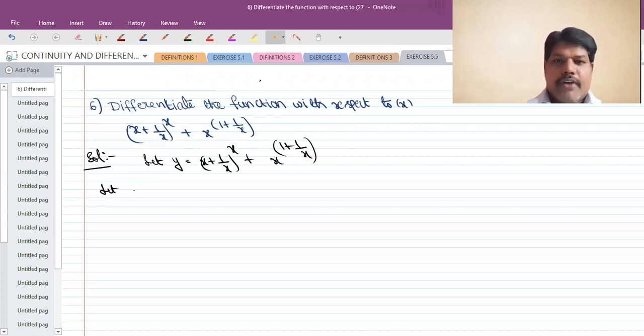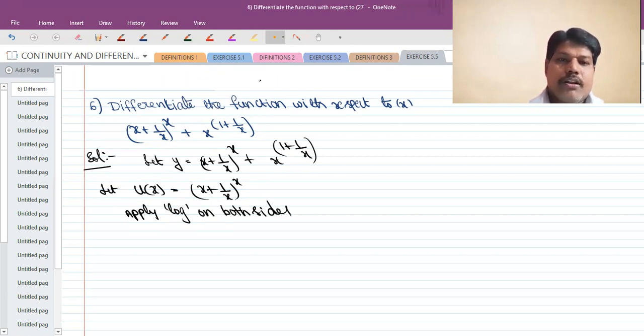Let u(x) be the first function, u = (x + 1/x)^x. Then apply log on both sides: log u = log of (x + 1/x)^x.